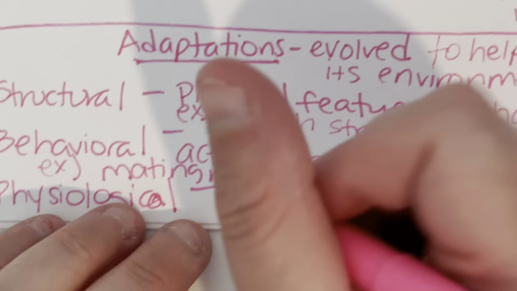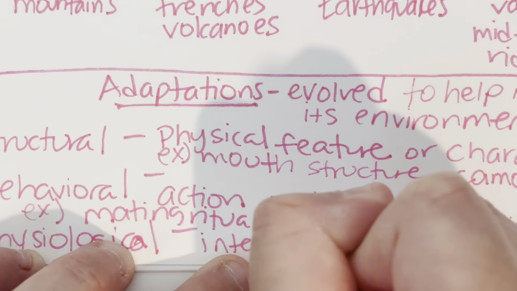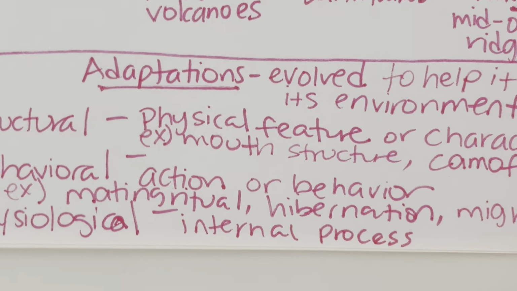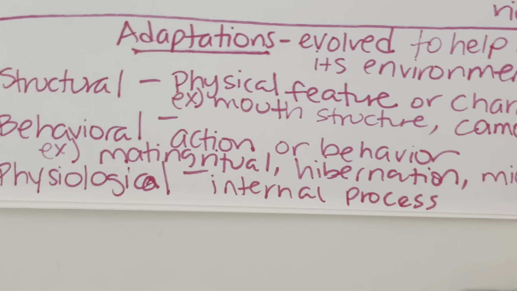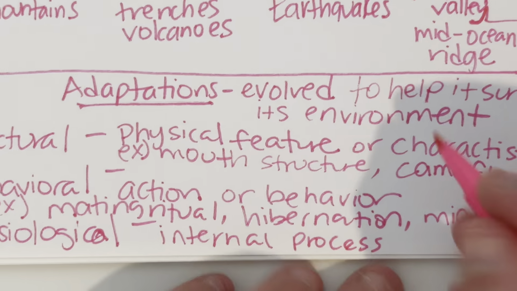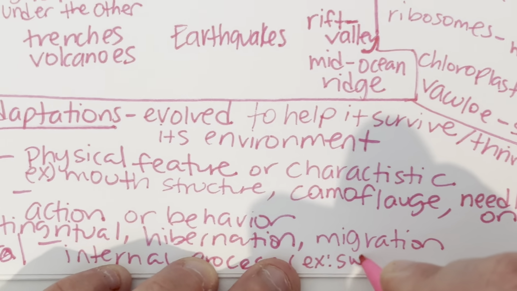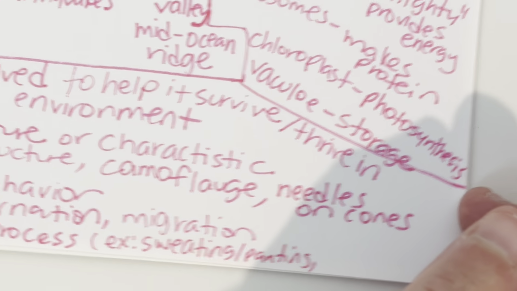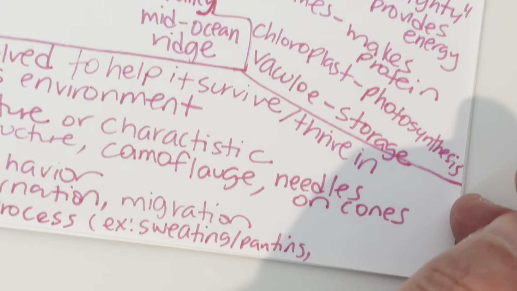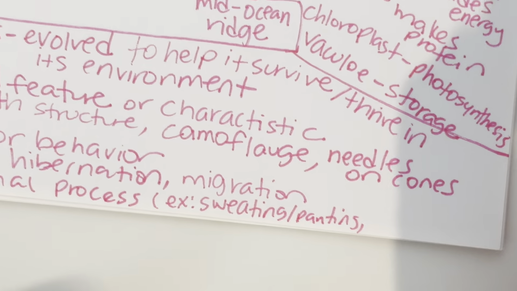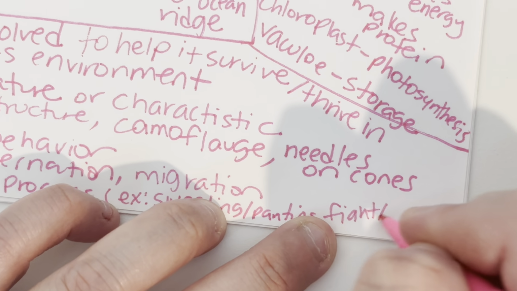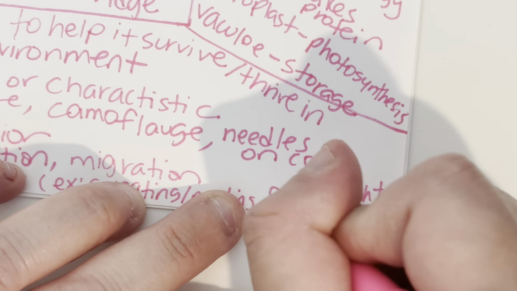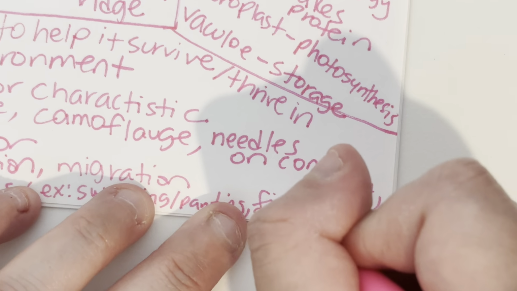And then physiological would be an internal process that happens in the body's cells, in the body's organs. In this case, an example would be sweating or panting. When you're really hot, that's how your body responds to the heat. Fight or flight would be an example. Shedding, when an animal sheds its fur.